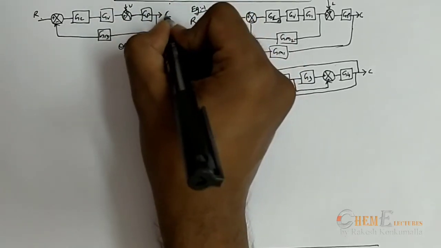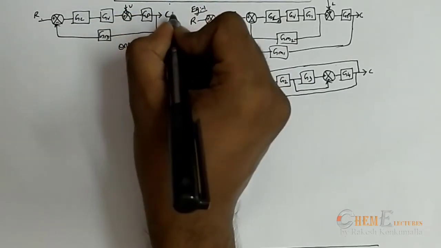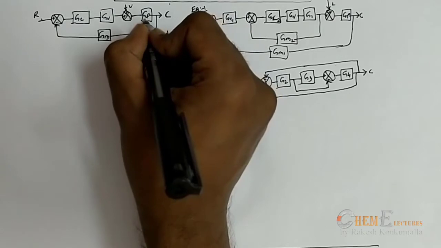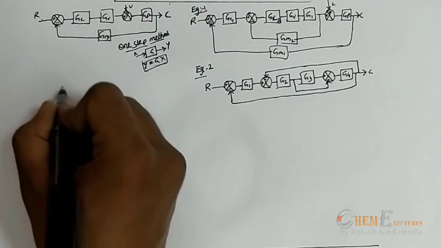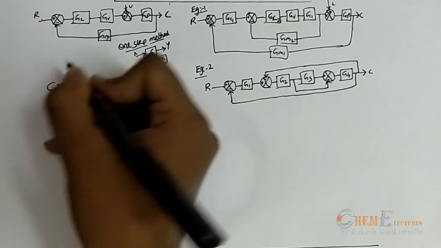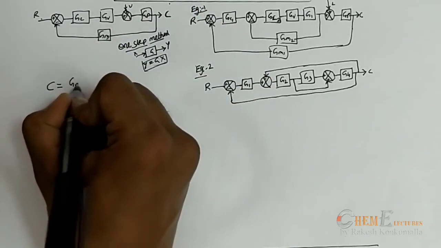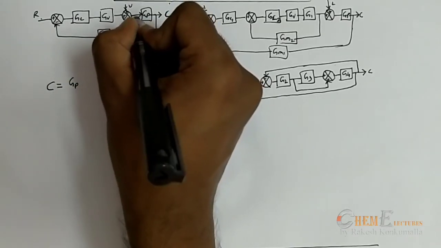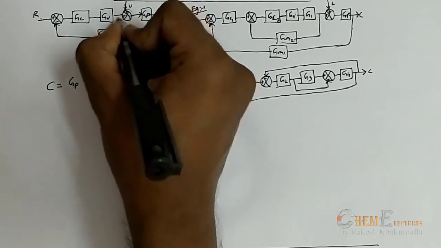Here for the output, I will just backtrace it completely. That means output by input will be the transfer function in a backtracing manner. C is equal to GP, the first transfer function I got. After GP you can see a comparator here with 2 inputs.